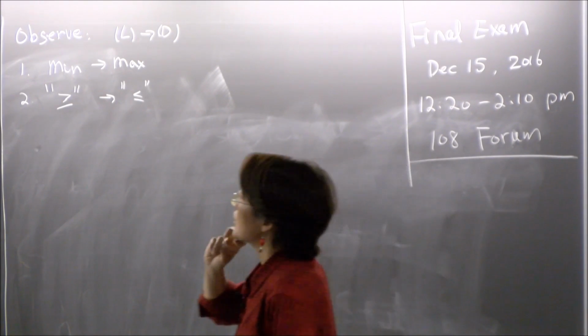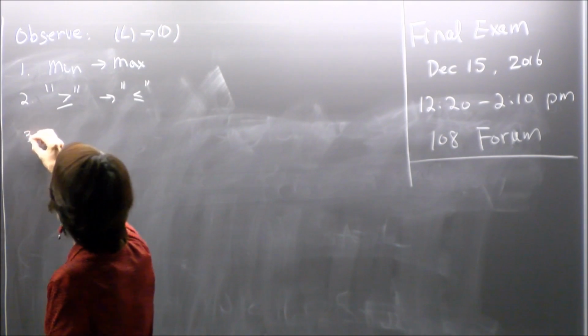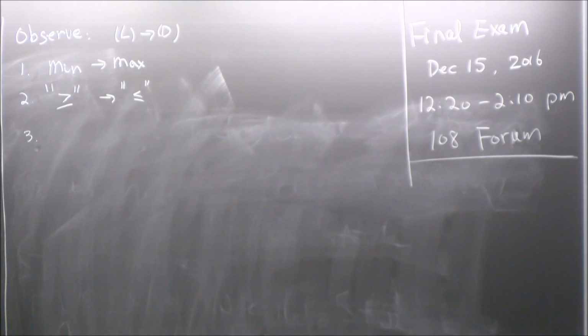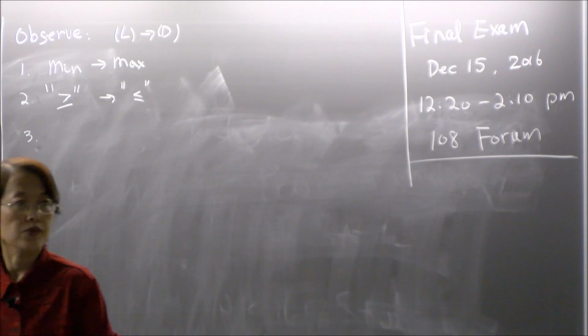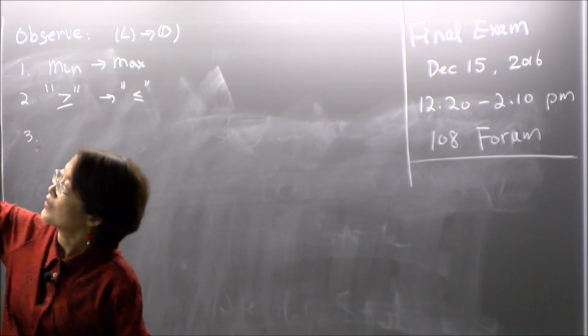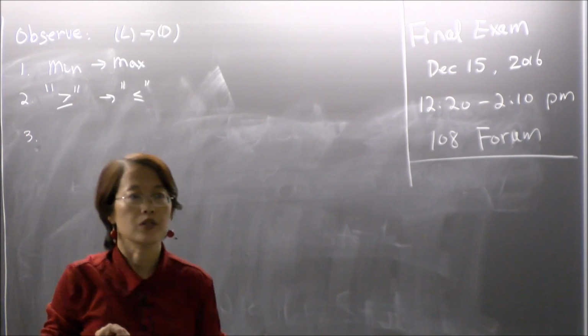What else do we observe? Third. For the original problem, we have 2 unknowns, 2 variables, and 3 equations. And then here I have 3 variables and 2 equations.